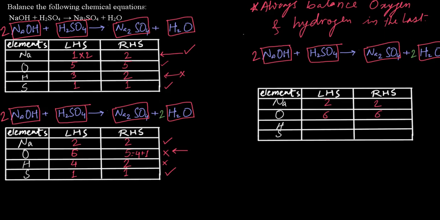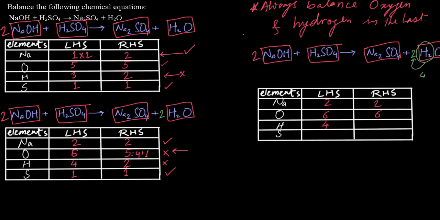Now for hydrogen, let's count hydrogen. We have hydrogen taken twice, 2 of hydrogen. Here also we have hydrogen twice, so 2 of hydrogen here. 2 plus 2, we have 4 atoms of hydrogen on the LHS. Now for the RHS, we have H2 taken twice, so in all this is 4 hydrogen atoms.